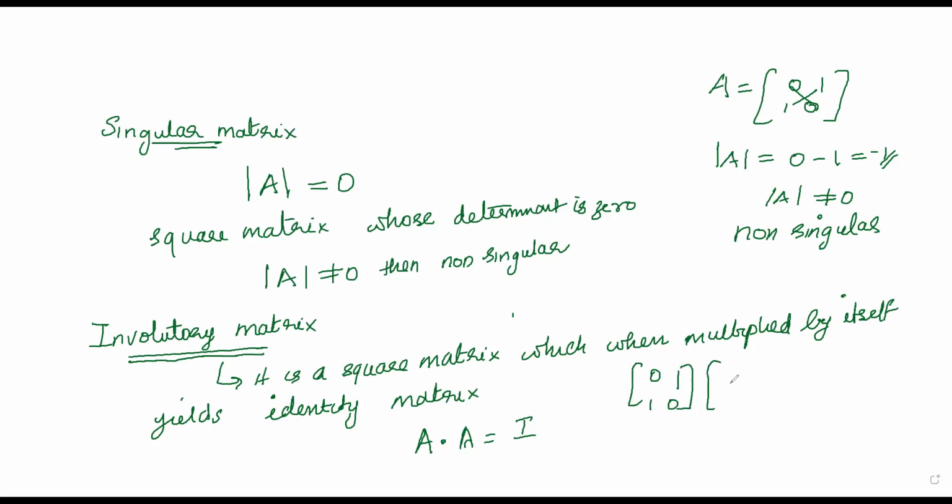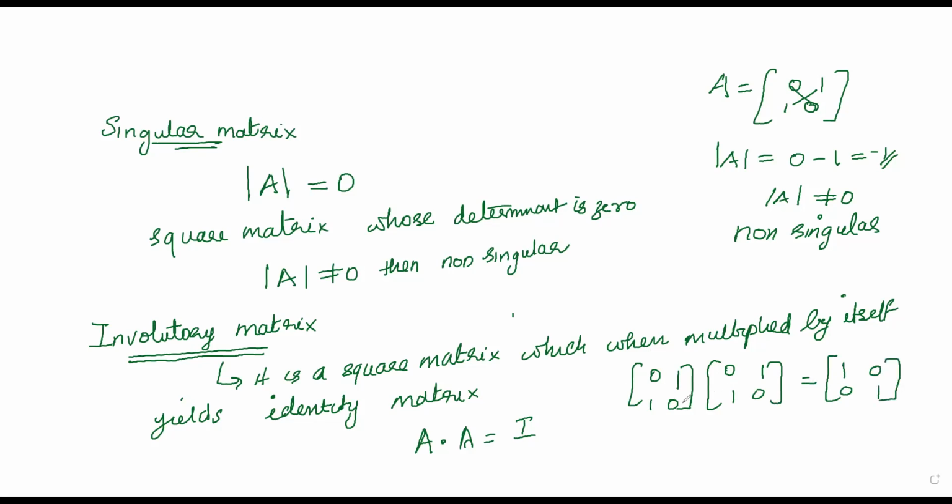Multiply that with itself. 0 into 1, 0, plus 1 into 0, 0. Then 1 into 0, 0 plus 0 into 1, 0. 1 into 1, 1 plus 0 into 0, 0.